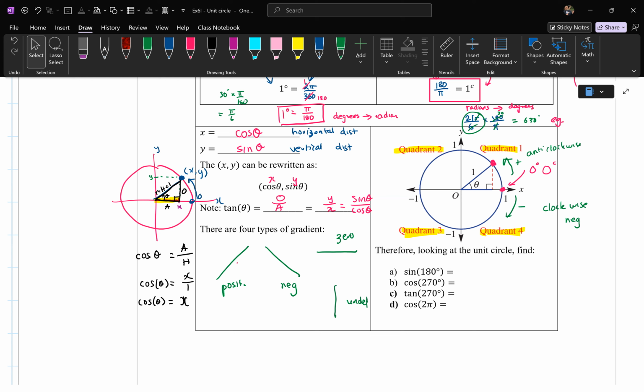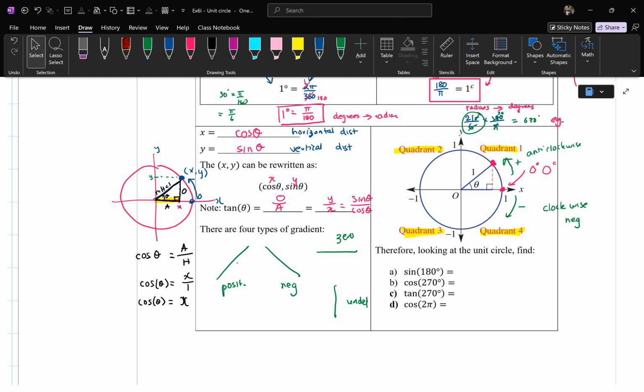Hypotenuse is actually the radius as well, because you're touching the point of the circle. Radius is 1, because we're saying it's a unit length of 1. So if hypotenuse is 1, adjacent, which is what we're trying to figure out, that's the x length. So it must be x divided by 1, but x divided by 1 is just x.